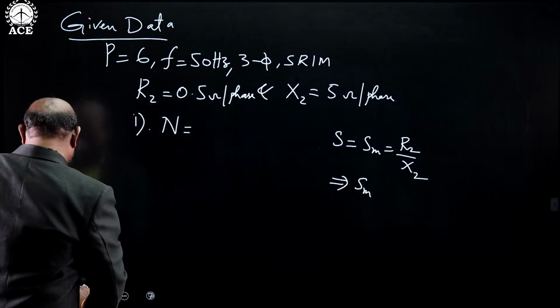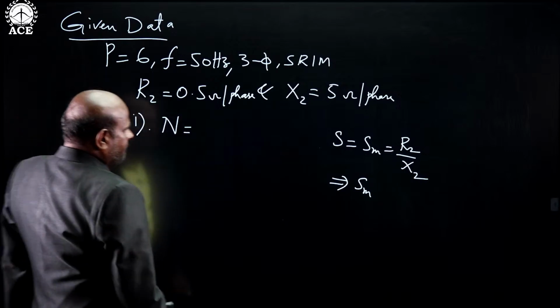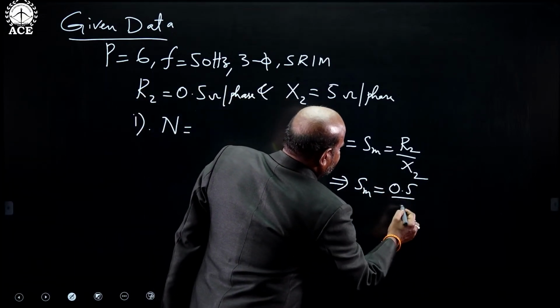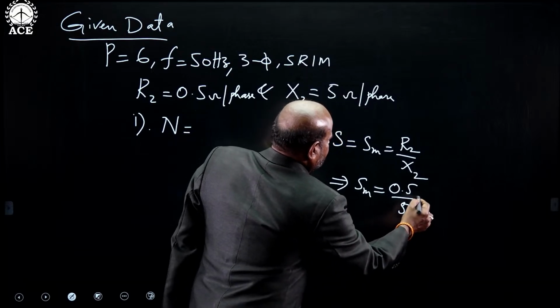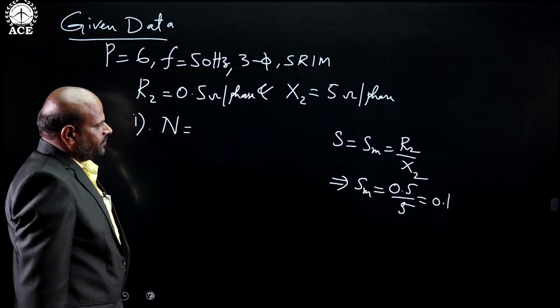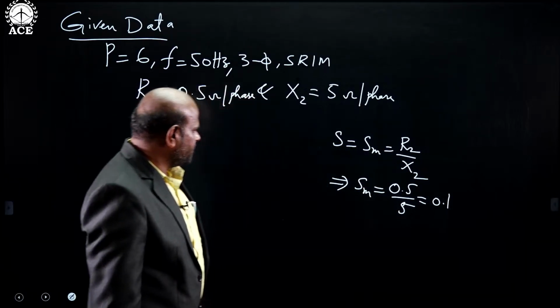R2 is given as 0.5 and X2 is given as 5. So, slip will be 0.1. As slip is a ratio, it won't have any units.